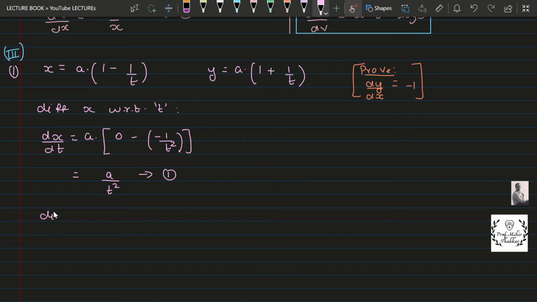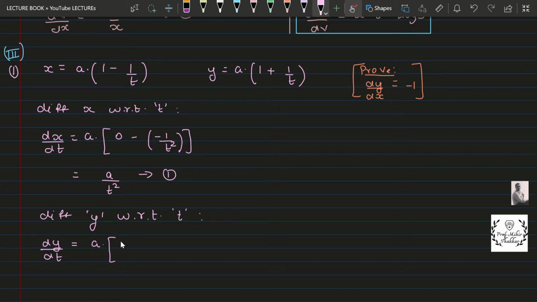Then what is y over here? a into 1 plus 1 by t. Let us see dy by dt. a is again the coefficient, we cannot do anything with that.